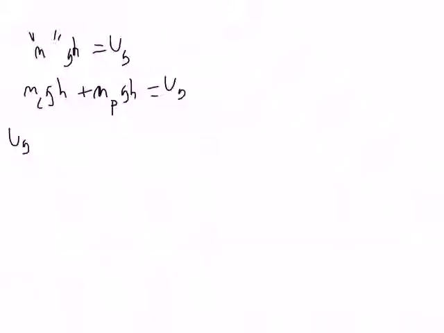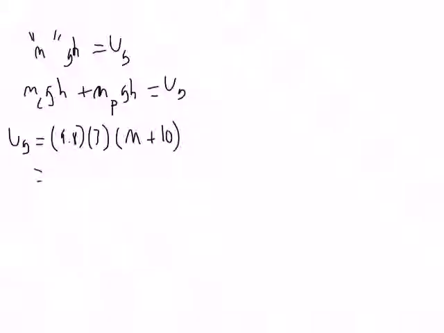So gh is the same, so I'll factor that out, 9.8 times 3, and we just have to add the masses, right? So the counterweight is m, and in the first part of the problem, we're told the projectile is 10 kilograms, right?